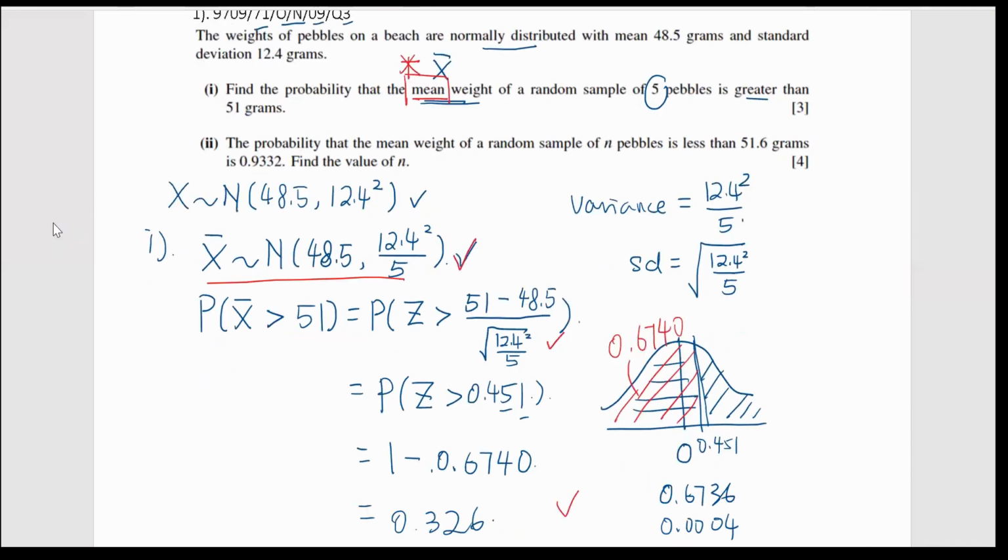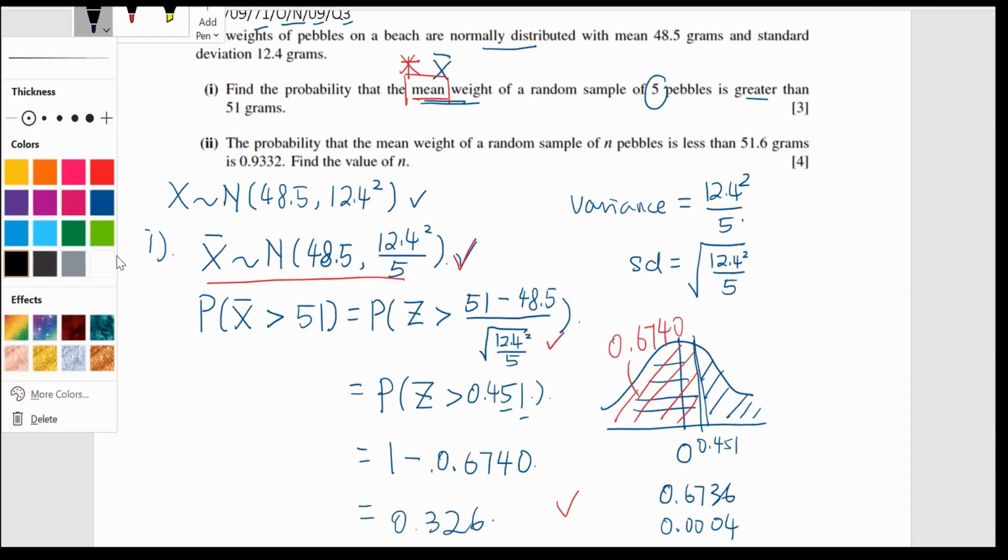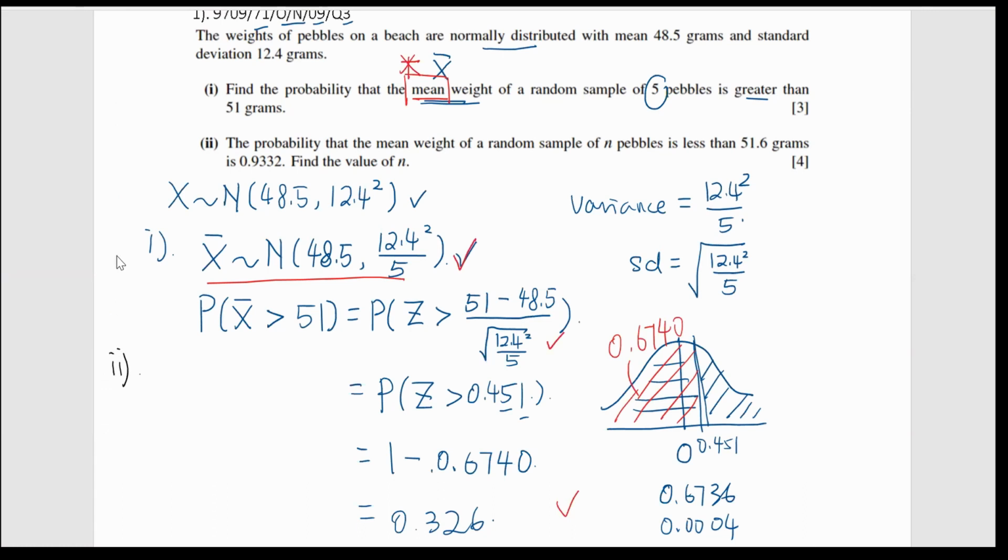Okay, so now we have a look at part 2. Maybe I should use the black color for part 2. Part 2: the probability that the mean weight, right, so the sample mean of a random sample of n pebbles, is less than 51.6 grams is 0.9332.